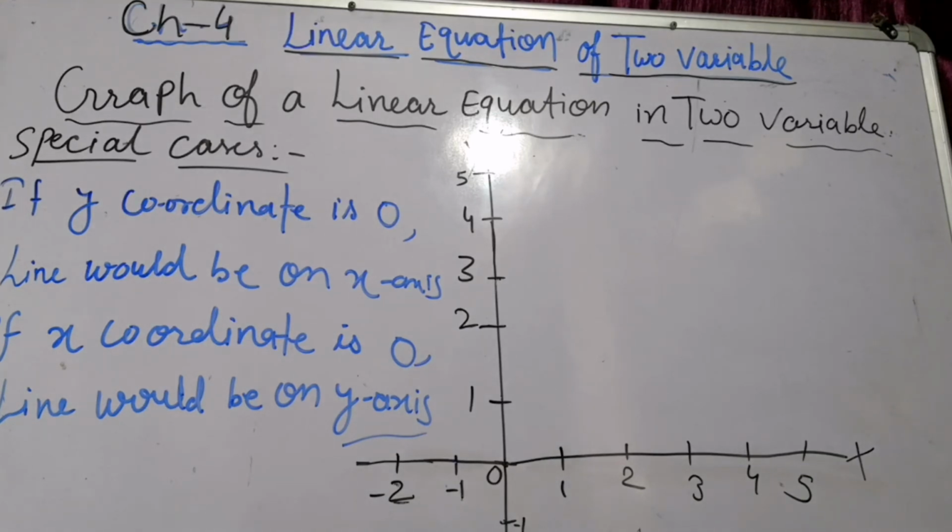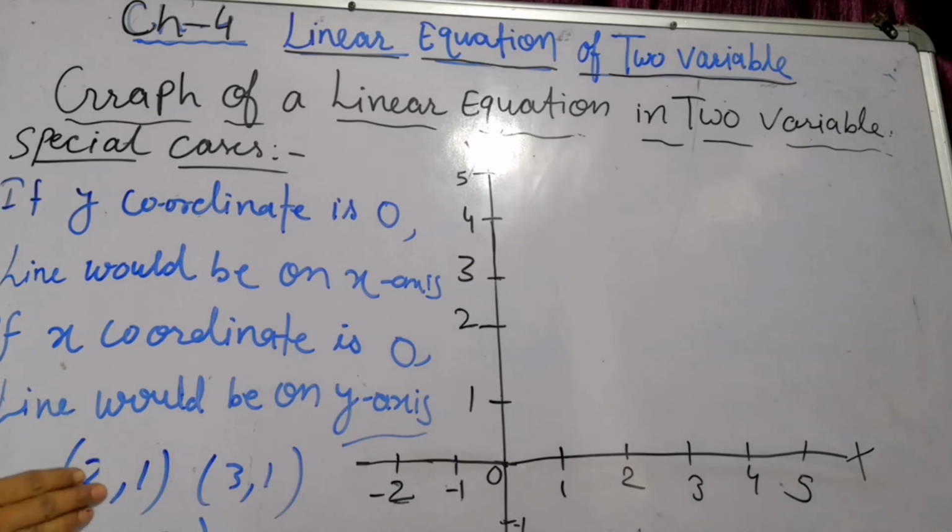Similarly, children, if the y coordinate is the same in every point, suppose (2, 1), (3, 1), (5, 1), like this, then the graph would be parallel to the x-axis.